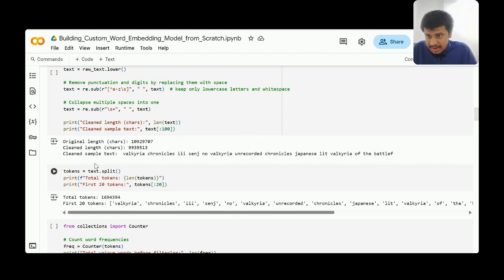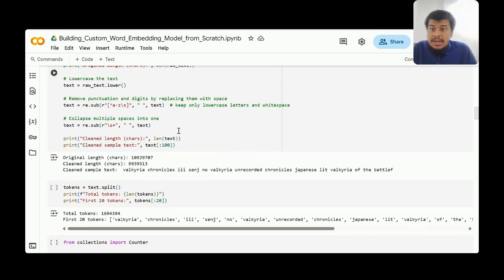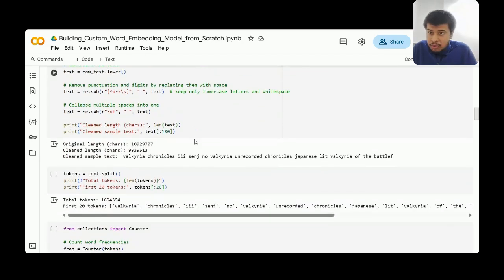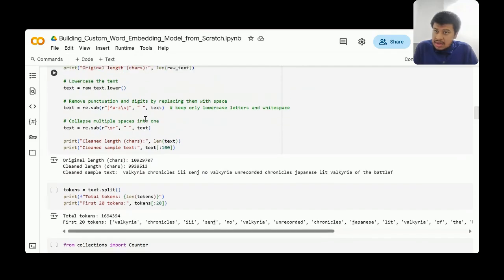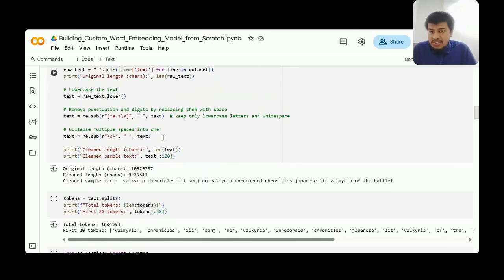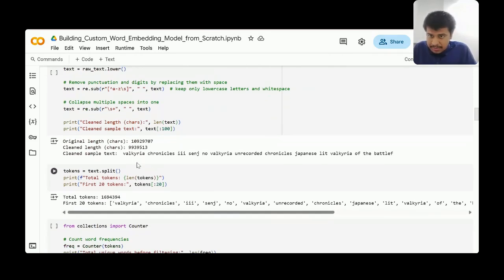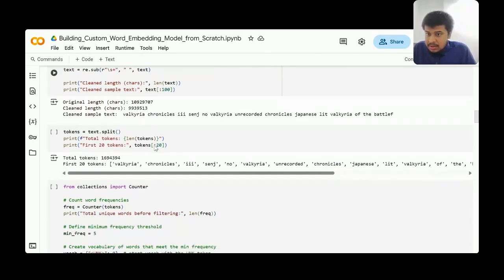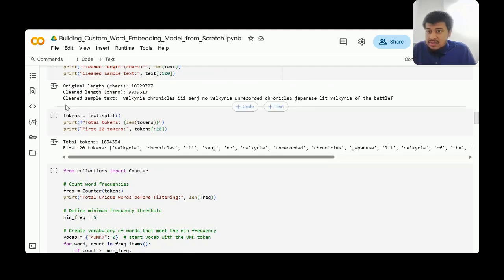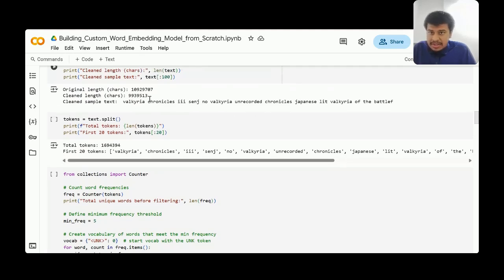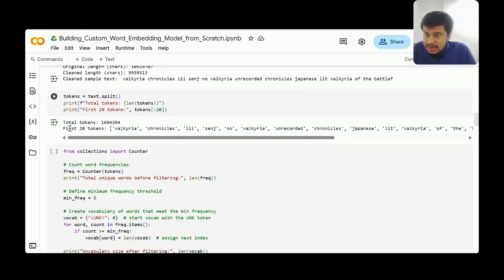Many of them were actually repeated, so we removed all of the duplicates and then removed the punctuations, mainly the punctuations and the multiple spaces. If we do that, we get this: the first 100 characters and the first 20 tokens are printed here.